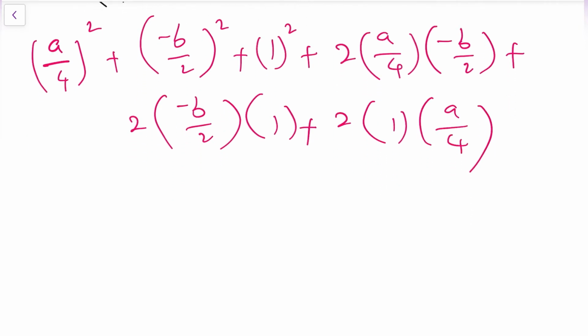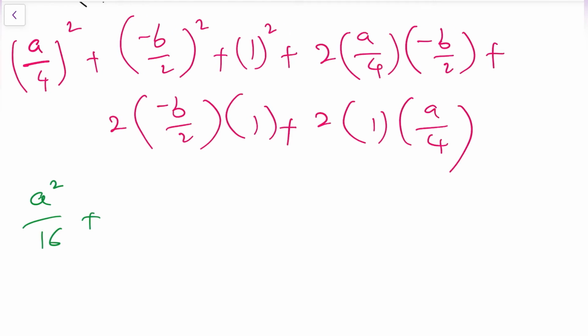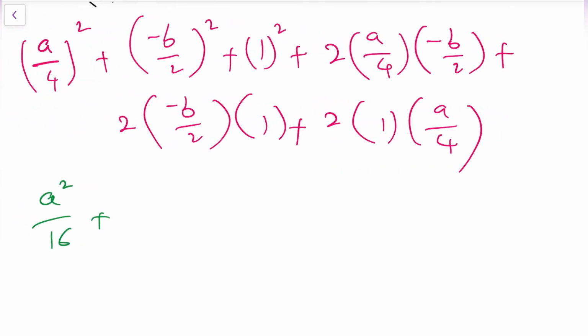Let us simplify. A by 4 whole square, a square by 16, plus minus b by 2 whole square. For minus we are doing square, then it will become plus b square by 4, plus 1 square, 1.